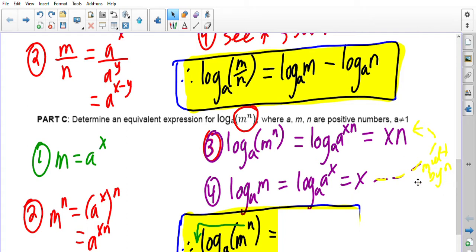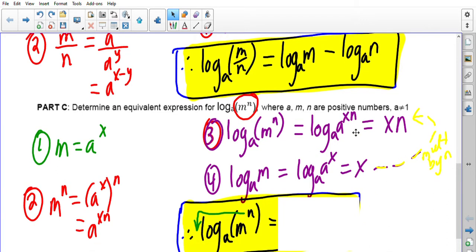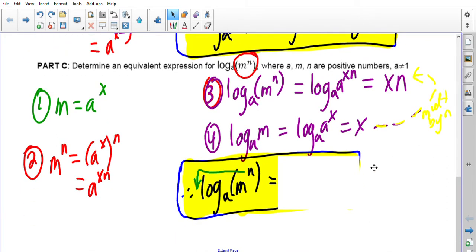So this one's going to be a little different, not adding and subtracting. If you have log of a power, and notice that we're not saying that it's necessarily going to be the same all the time as this one here, but if you have a power here, you can rewrite log of m to the n to the base a as n times log of m to the base a.